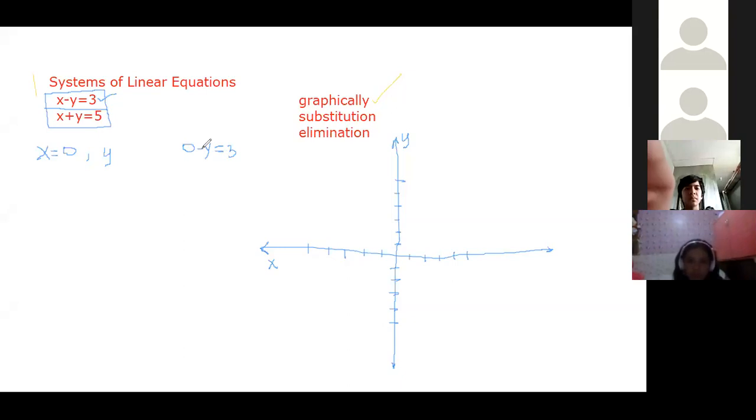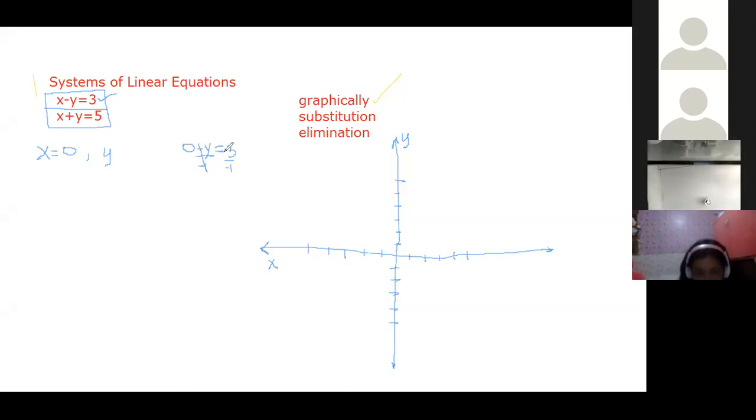Alright? And we need to get rid of negative 1. So we will divide both sides by negative 1, so that what is left is positive y in the left side of the equation.